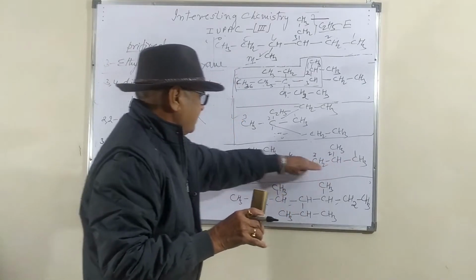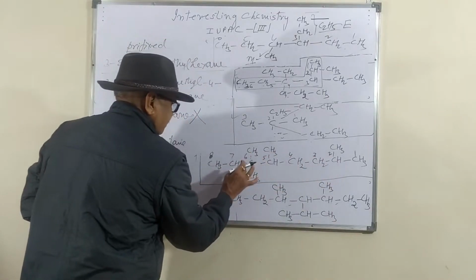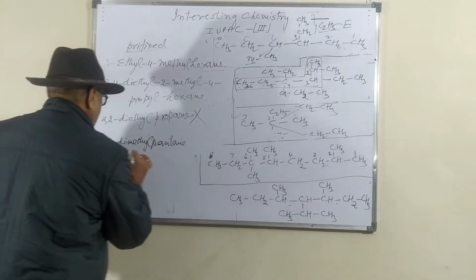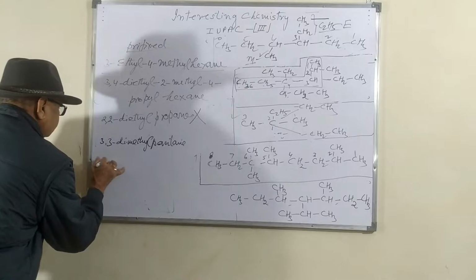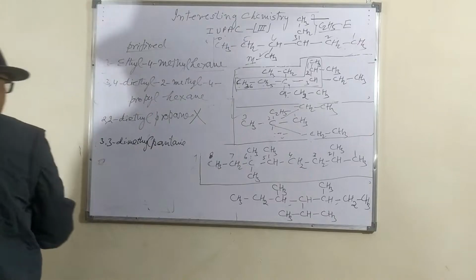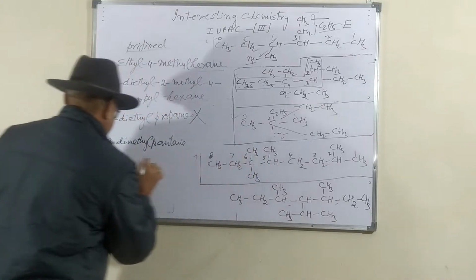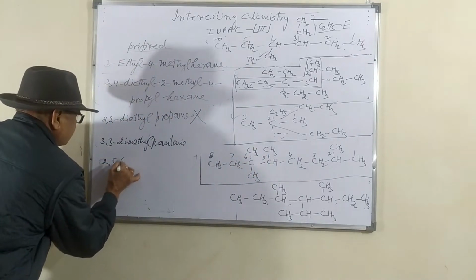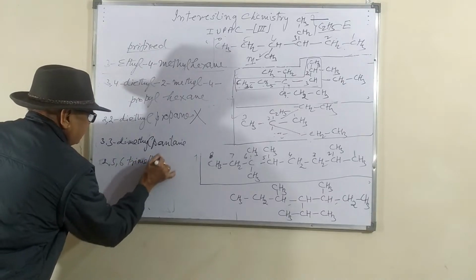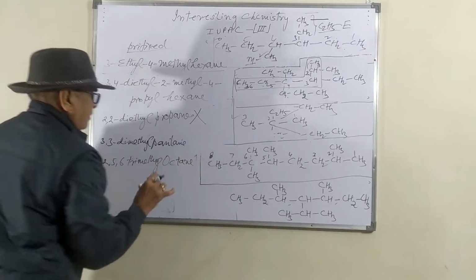On the basis of this numbering, you will write the name 2, 5, 6 trimethyl octane.